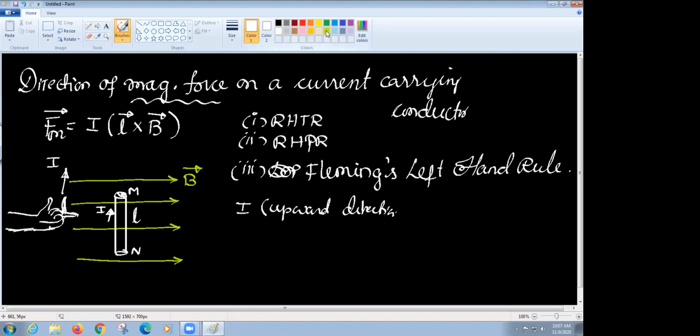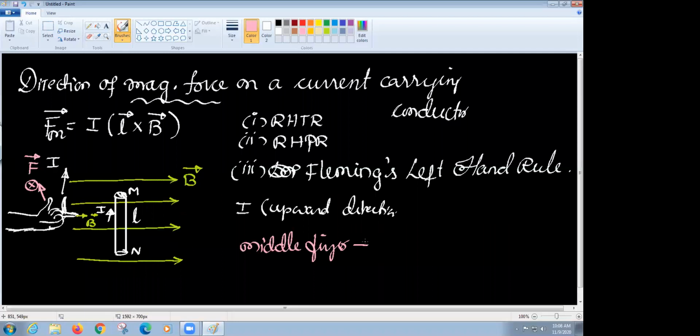Along the index finger you have the direction of B. And now the thumb is into the board, and this is the magnetic force. That's it. So you can take it this way.